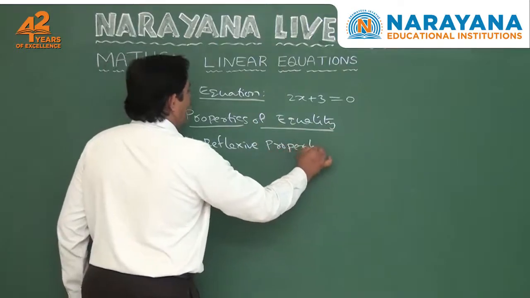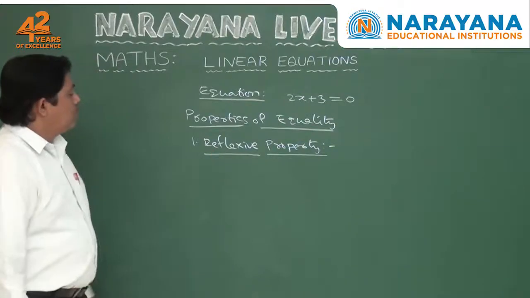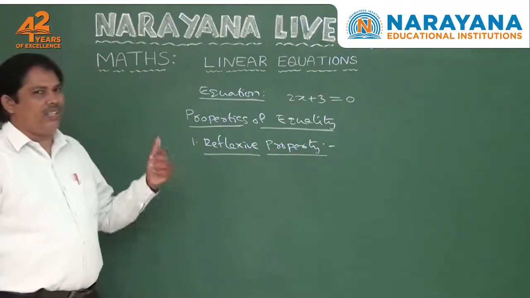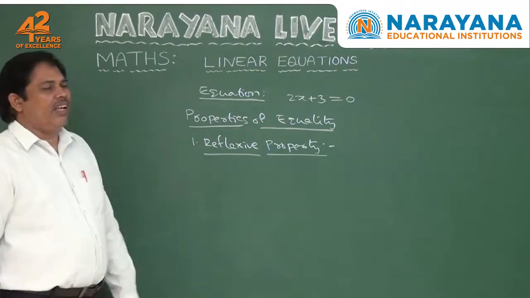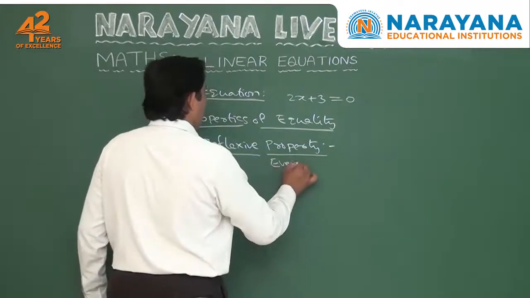What is called the reflexive property? That is very important. The reflexive property is: every number is equal to itself.